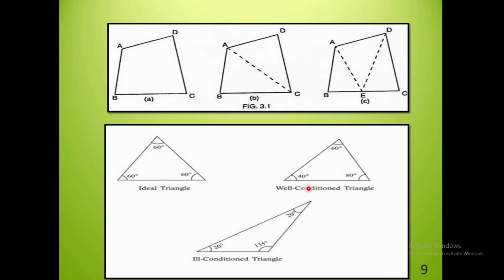The meaning of this is that none of the angles in the triangle should be more than 120 degrees nor less than 30 degrees. That is called a well-conditioned triangle. Here it is an ill-conditioned triangle. Here the angles are less than 30 degrees and one angle is more than 120 degrees. Therefore it is called an ill-conditioned triangle. Then these angles or the network of triangles are measured using the chain in chain surveying.